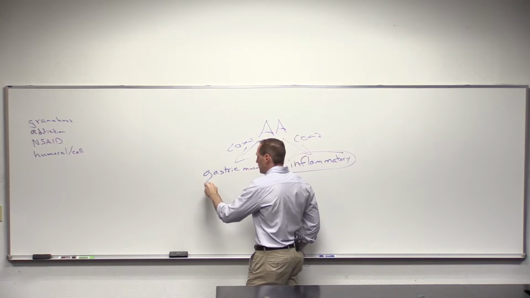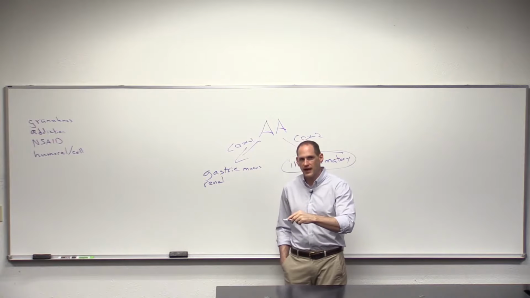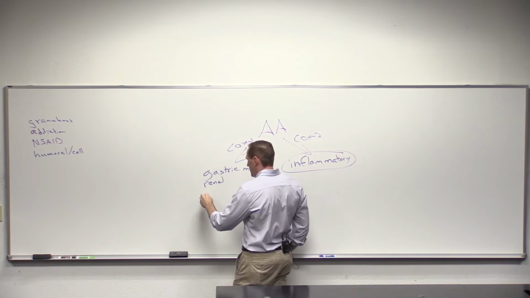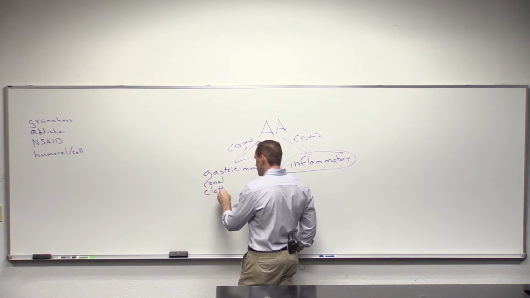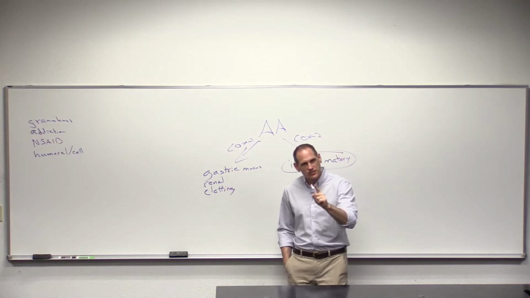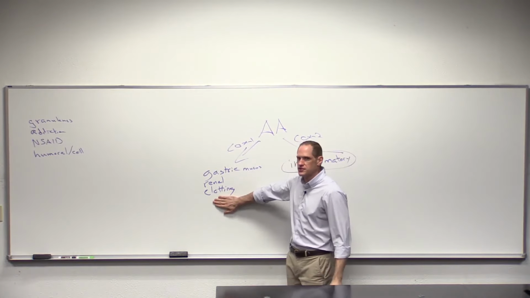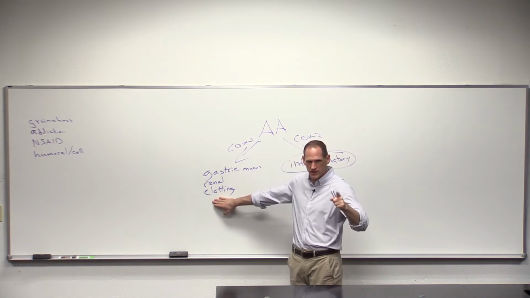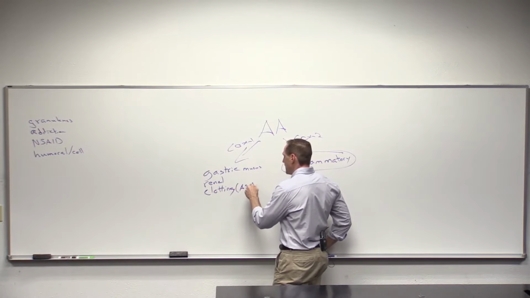When we inhibit renal perfusion, is that adverse or therapeutic? Adverse. When we inhibit clotting, is that adverse or therapeutic? Well, that could actually be either, right? Now, there's only one drug that is used therapeutically to reduce clotting. What is that? Aspirin. So for everything else, it's going to be adverse.